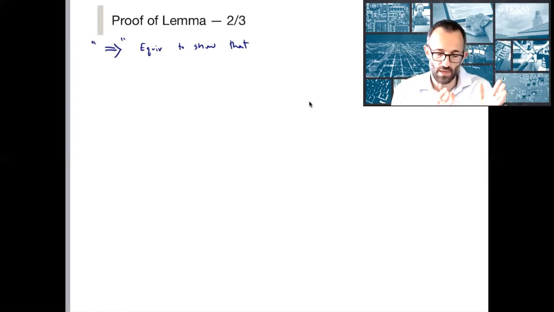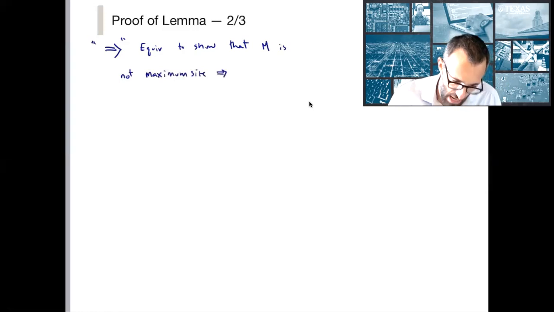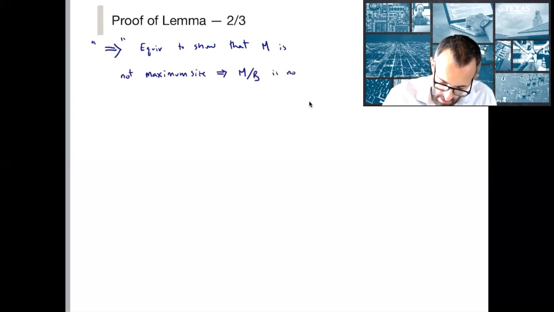But also I can show that there is no augmenting path is the same as writing that we're not maximum size. So it's equivalent to show that M is not maximum size implies that the contracted matching is not maximum size.